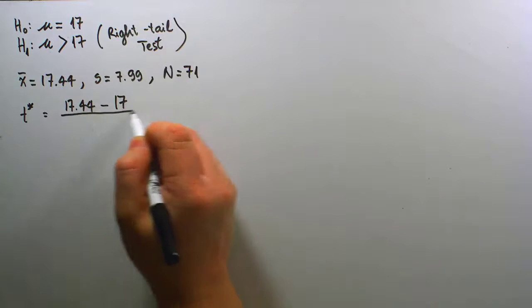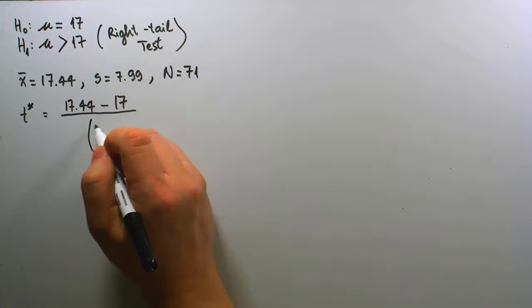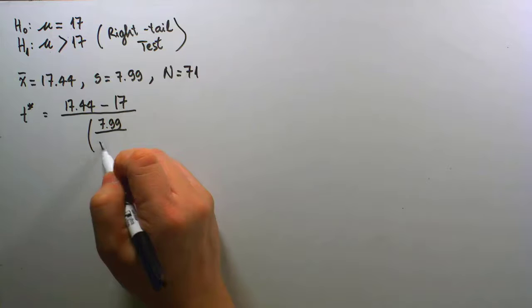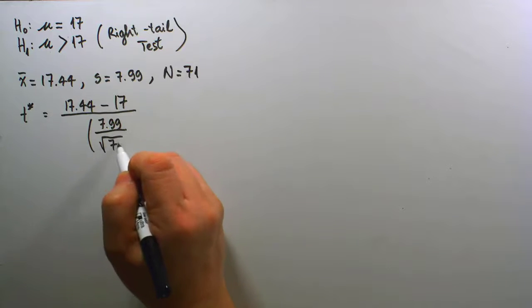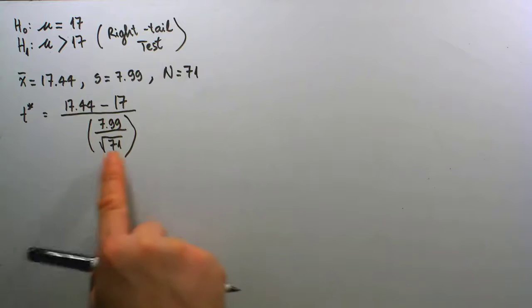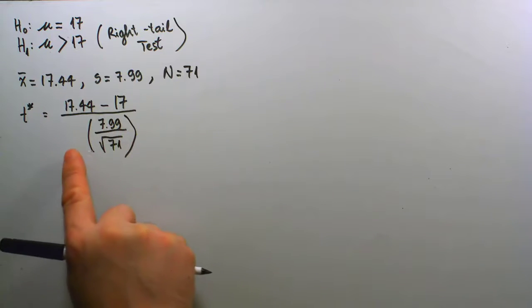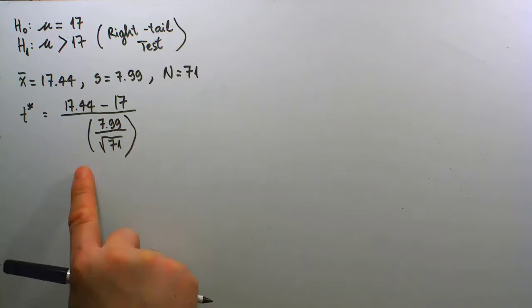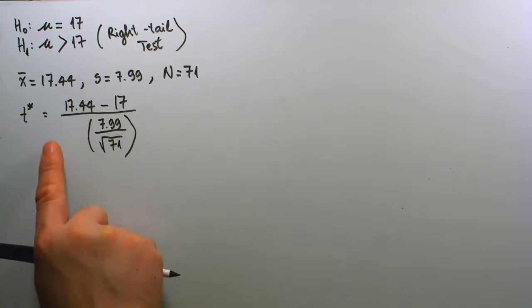And that difference there is divided by 7.99 over square root of 71. So just the exact same setup we have been using throughout all examples so far. So in this problem, allow me to skip reminding anyone about the t star formula.